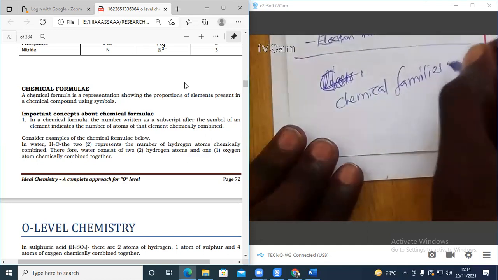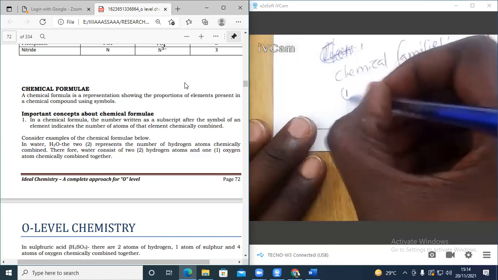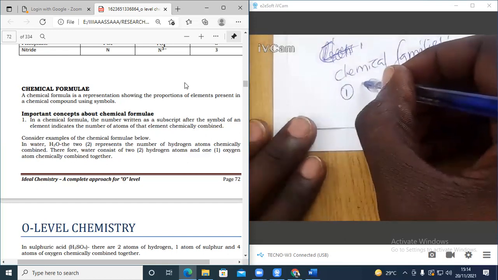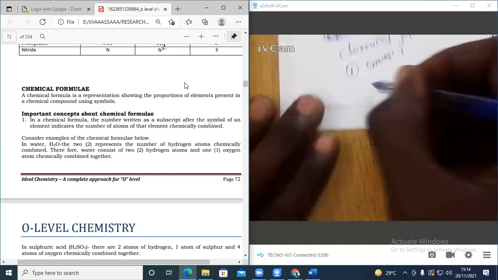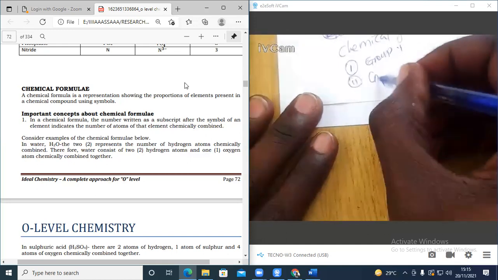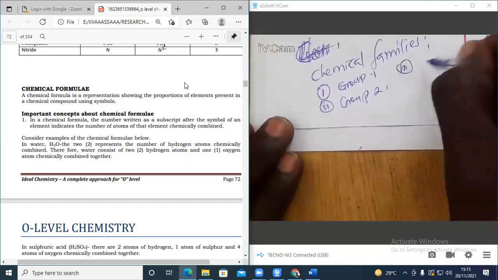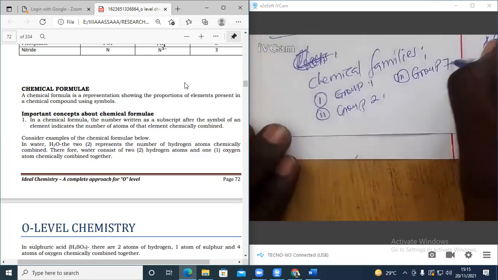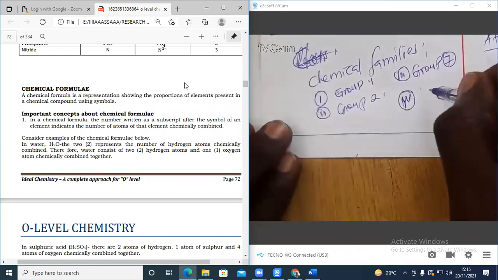Now, when you come to chemical families, we shall get a family of group 1, a family of group 2. Then we have a family of group 7. Then we have a family of group 4. These are the noble gases.